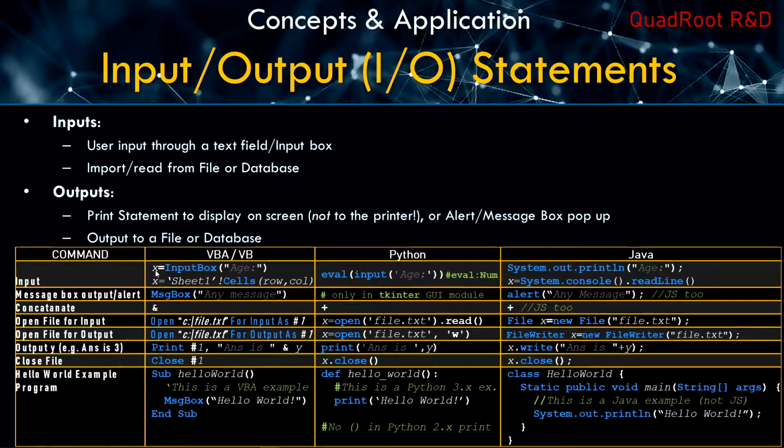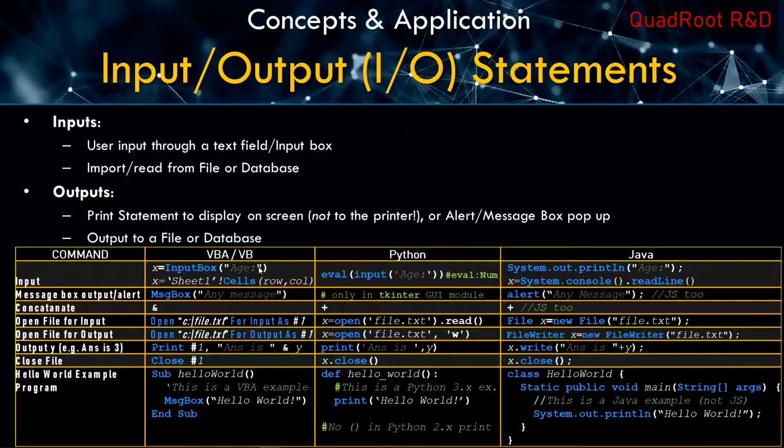Here I've used X, please use something more useful. So the variable equals InputBox, which is a keyword. In parentheses, you put your prompt to the user, and it can be any string if you want. So age, name, whatever you want within quotes. And so that will prompt the user to enter the age or the name.